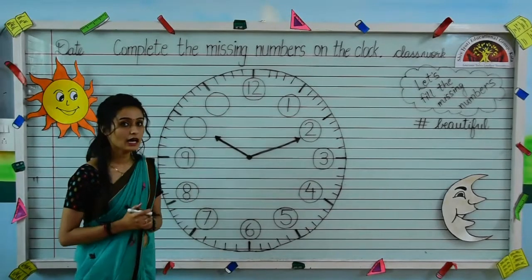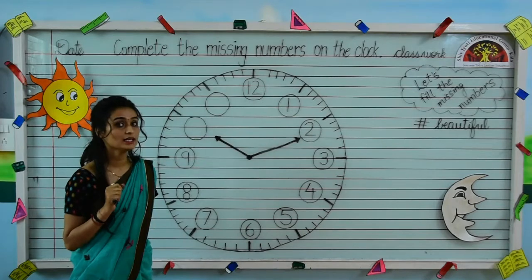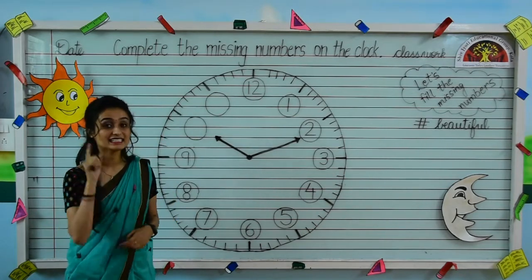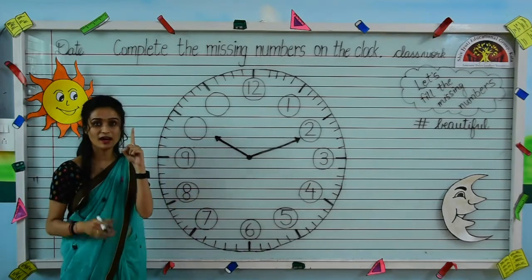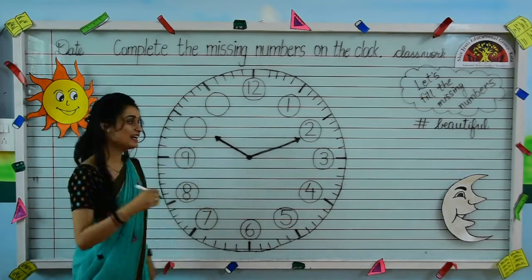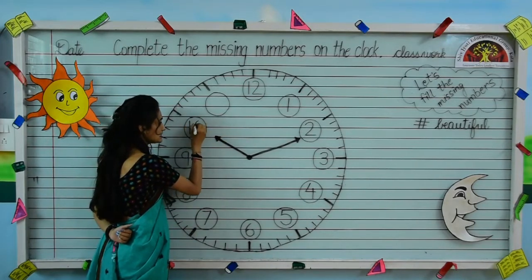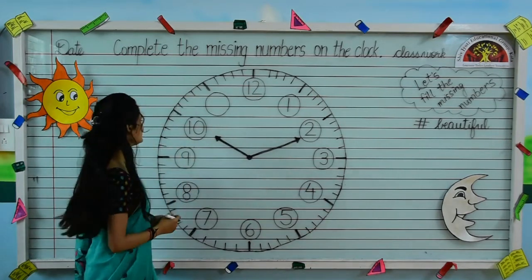So kids, now tell me what will come after 9? Tell me the 2-digit number. As I told you, yes, it is 1, 0, 10. So we will write 10 over here. Very good.